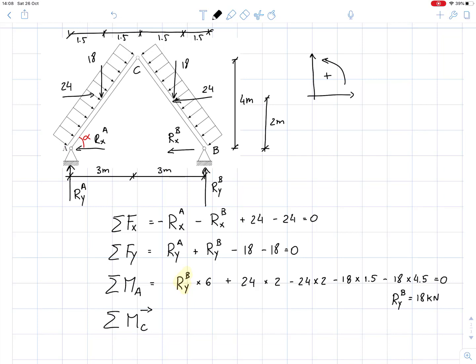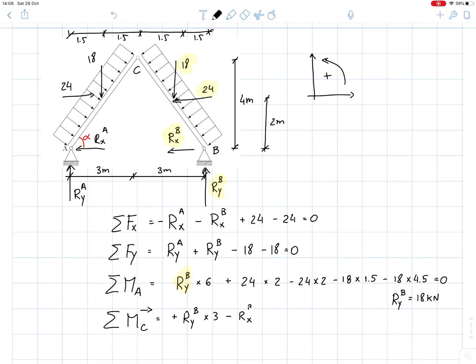kilonewtons. The next step is to calculate the sum of moments about the hinge to the right, and I need to take into account these two forces, this reaction that I already know, and this one that I would like to find out. So I have Ryb, which is 3 meters away from C and causes a positive moment, and all the others cause a moment in the opposite sense.